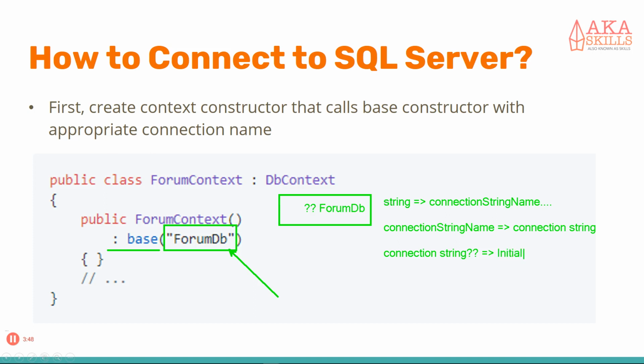Well, you have initial catalog, which refers to the database name. You have, for example, user, which is for the username, and after that password, which is for the password, and several other properties as well. But generally, that's the connection string.